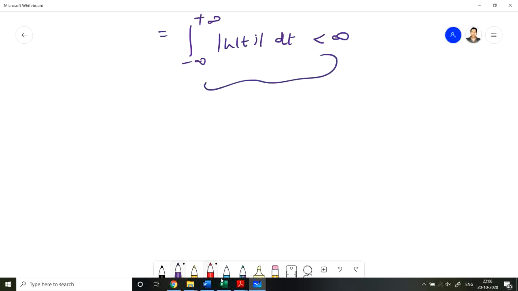So this condition we met. Basically, we already assumed that if the system is BIBO stable, then the impulse response should be absolutely integrable.